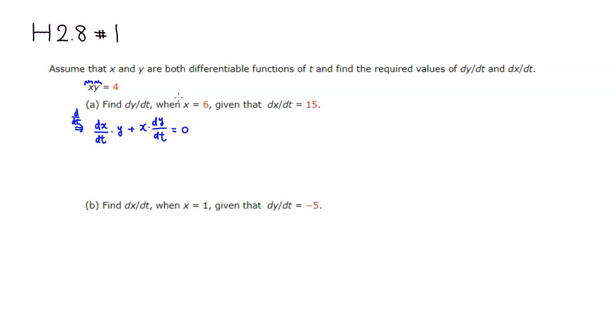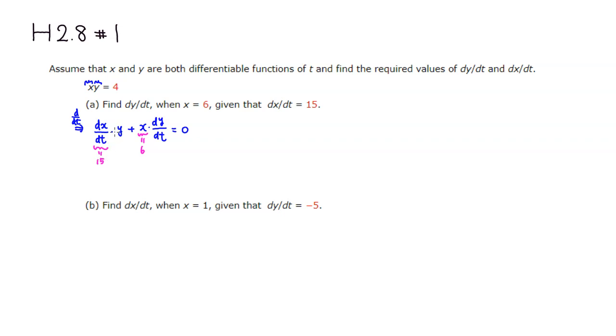Then what we want to do is plug in everything that we know. You can see that here x is equal to 6, so this is 6. dx over dt is 15, so this is 15.